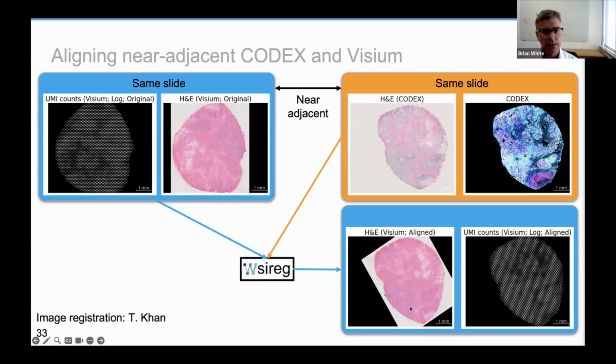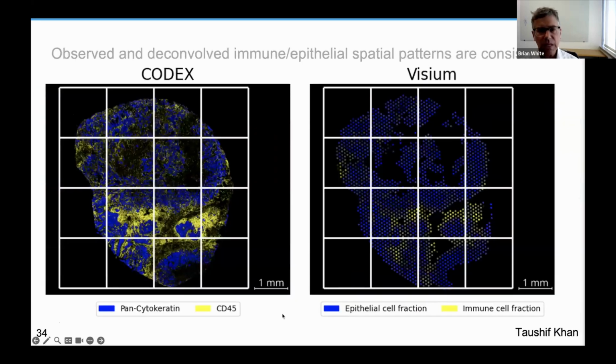So hopefully you can see, we use the H&E as a backbone, and then the molecular data comes along for the ride, and they're nicely overlapped, as we can see here. So we generally see broad consistency between the two modalities in terms of the cell types and the markers they express. For example, the pockets of yellow CD45 shown in the Codex data on the left correspond correctly to high immune cell fractions, also shown in yellow from the deconvolved Visium data on the right.